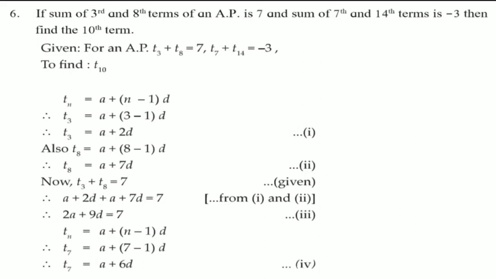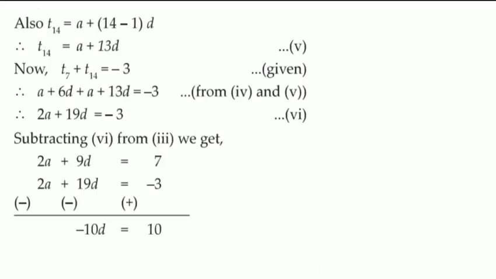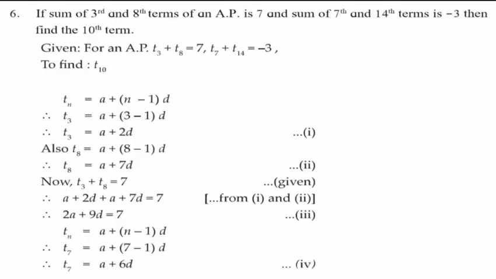Similarly, you write T7, you write T14 and again add. T7 plus T14 is given as -3. Again you will get two equations here. So the first equation which you have got here is 2a plus 9d is equal to 7, and one more equation you have got is 2a plus 19d is equal to -3.